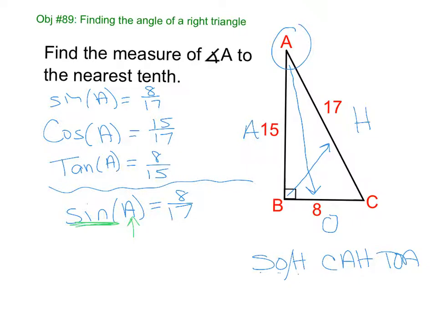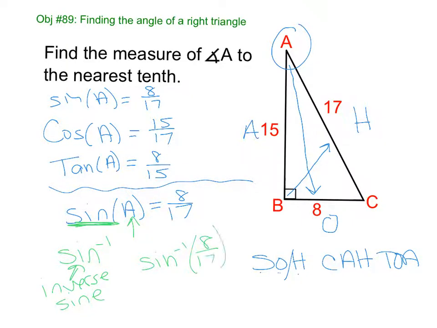Now here's the weird thing. The inverse of sine is just inverse sine. So if you look on your calculator, we're going to look for sine minus 1. Sine minus 1 is inverse sine. So we're going to do sine minus 1 of 8 over 17.